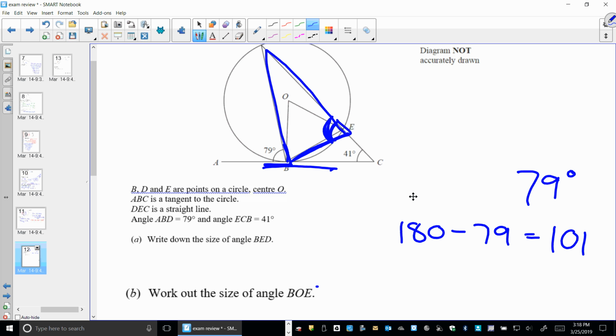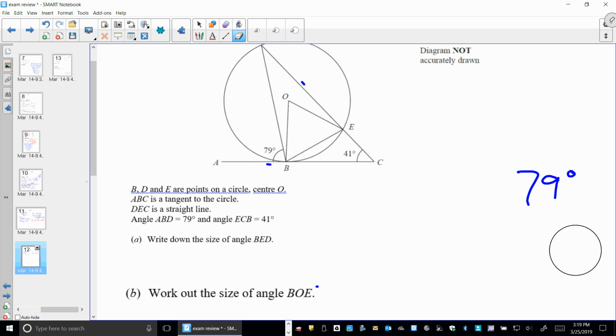So that means that this whole section is 105 degrees, and you're trying to find O. So that is 101. And then you find this part... No, wait. Ignore me. That was completely wrong.